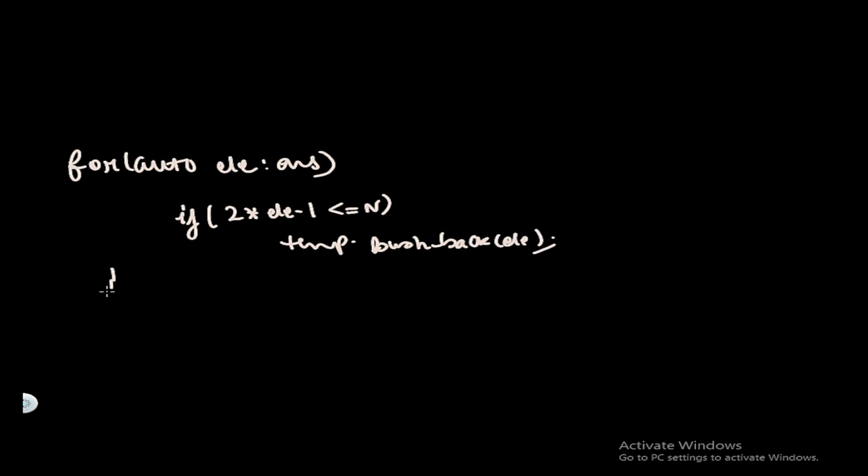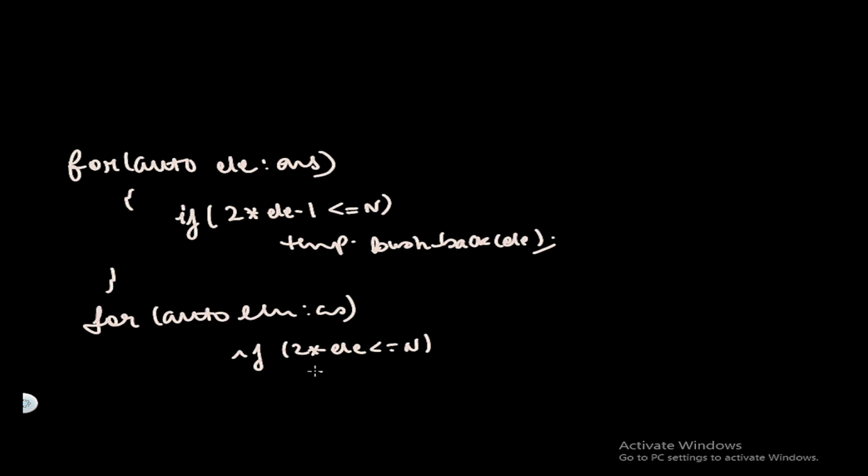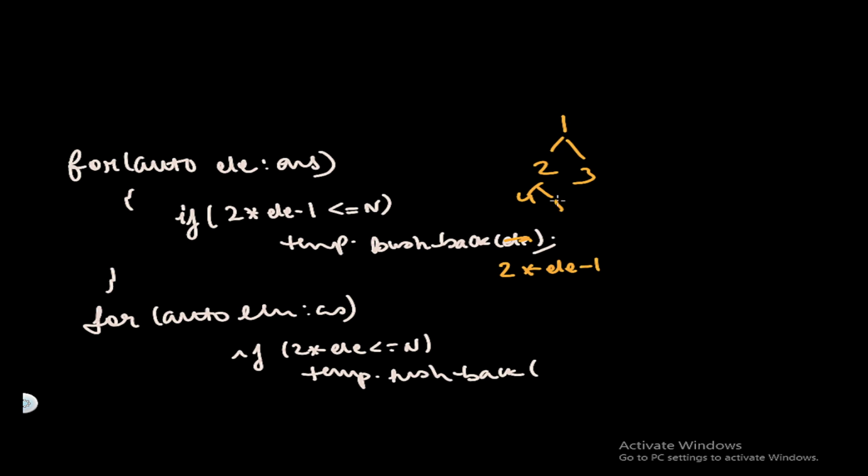And similarly for the even one, we have to check for every element which is there in answer, if 2 into element is less than or equal to n, then temp dot push_back that element. No, here I made a mistake. Here I have to push 2 into element minus 1, because I am generating from 1 to get 2, 3, 4, 5, right?